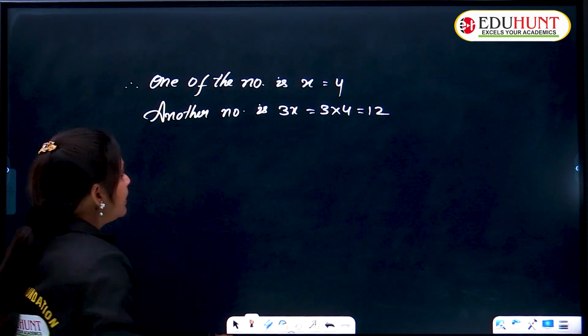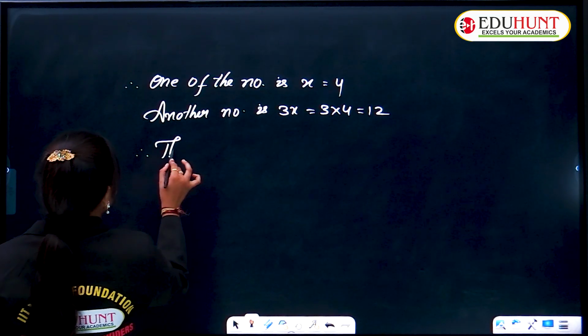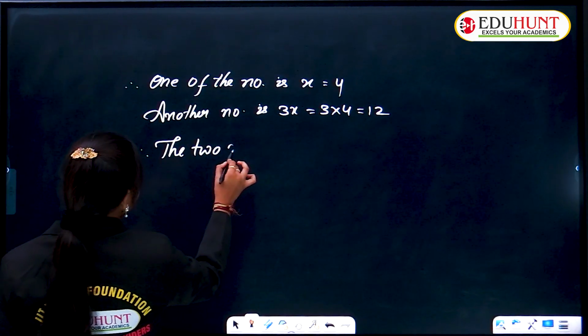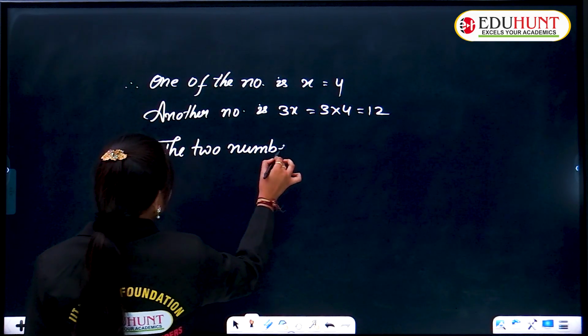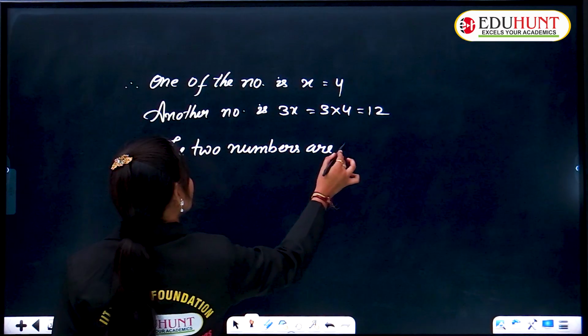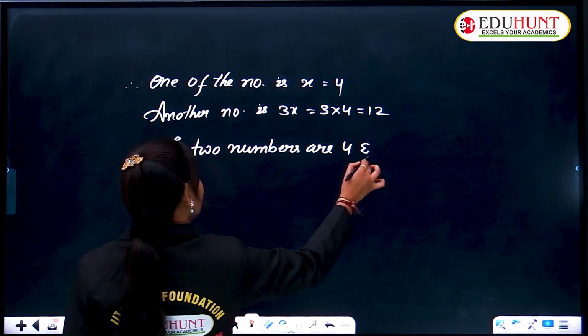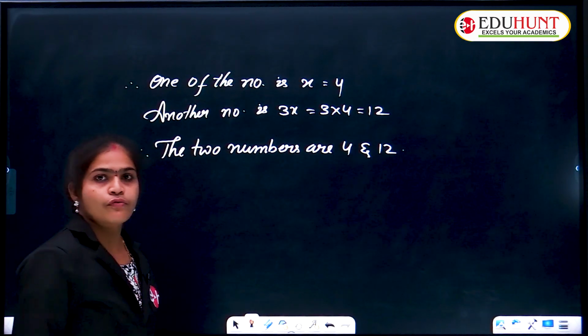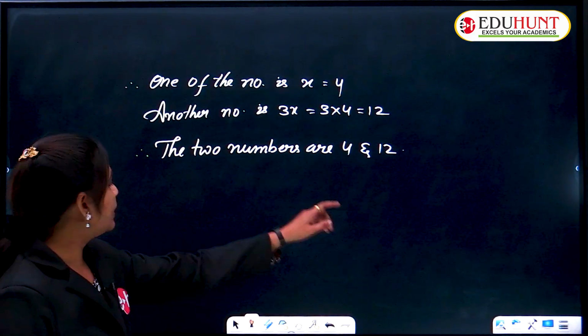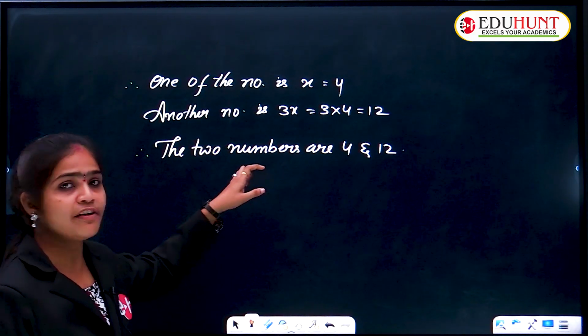Understood ma? Therefore, the two numbers are 4 and 12. 4 and 12. Did you understand this one, ma? The two numbers are 4 and 12.